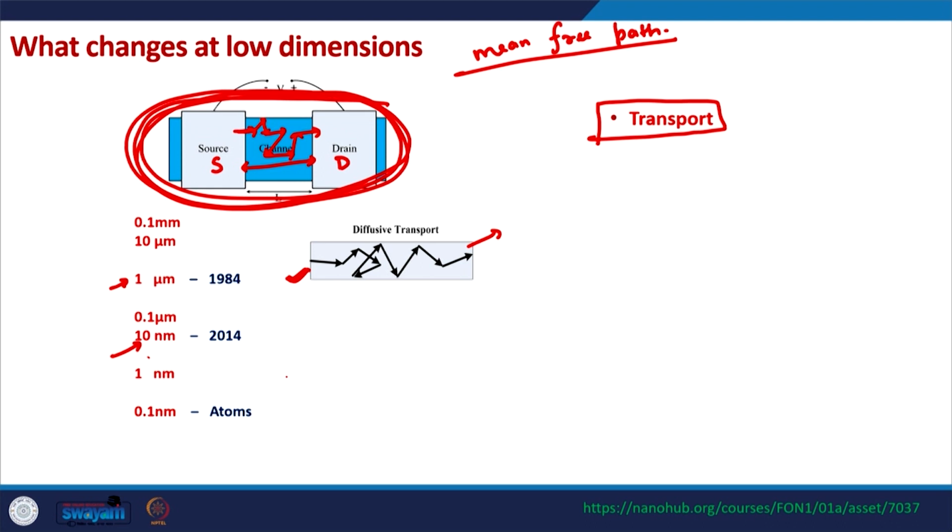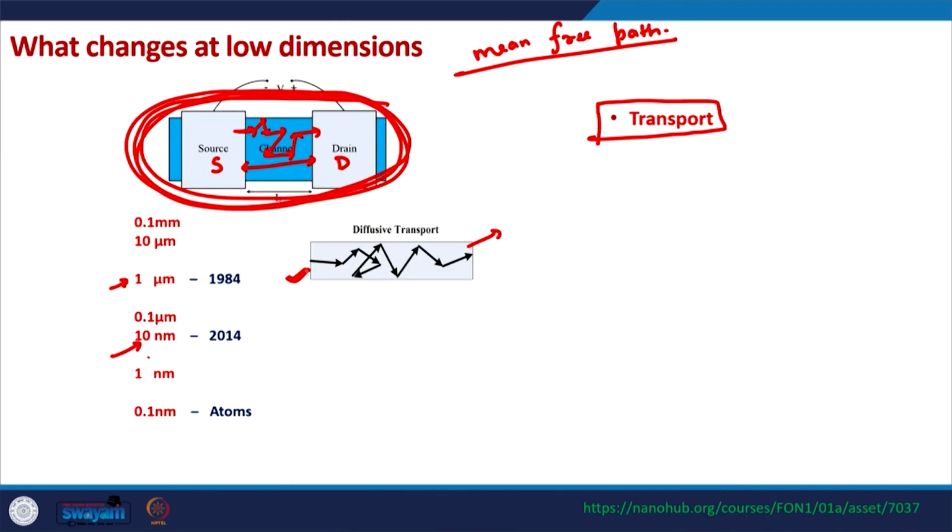Okay, so in bulk devices the channel length is extremely large as compared to the mean free path, and in that case there are a lot of collisions in the channel, and the electron starts from the left side, goes to the right side, and because of these collisions we have resistance in the channel as well as power dissipation or heat dissipation in the channel.